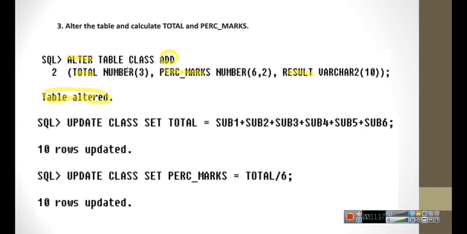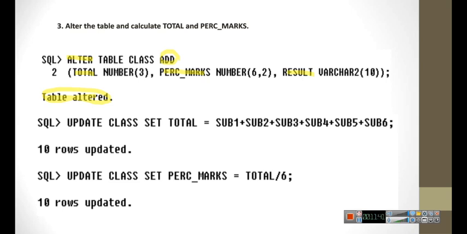Next we are going to update the values for total, percentage and result. Total can be calculated by adding all the 6 subject marks. Percentage can be calculated by total divided by the total number of subjects. Result is calculated depending upon the marks.